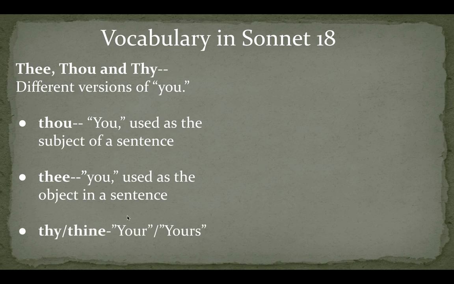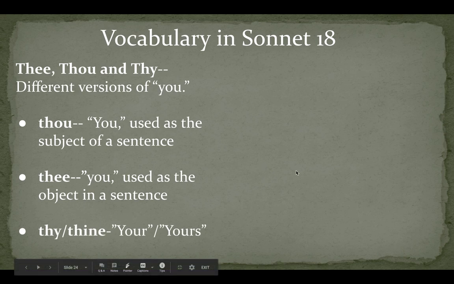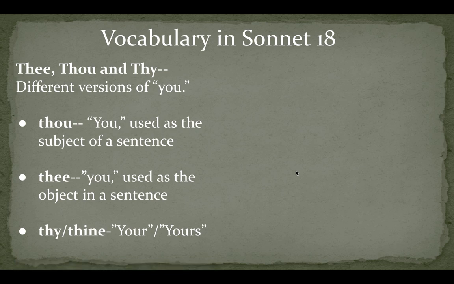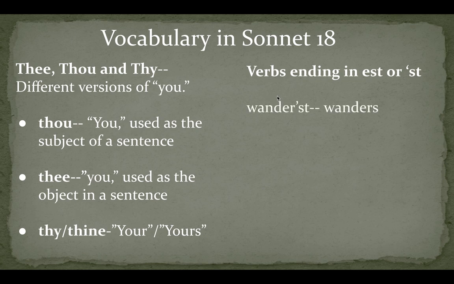And then thy and thine. This is like your and yours. So this is the possessive. Thy hair, thine, etc. This is like Bible stuff. All right, let's see. Also, what you're going to see in general in Shakespeare's sonnets and Shakespeare in general, is that there are going to be verbs that end in est or st. And it's just how things were constructed back in Shakespeare's time.